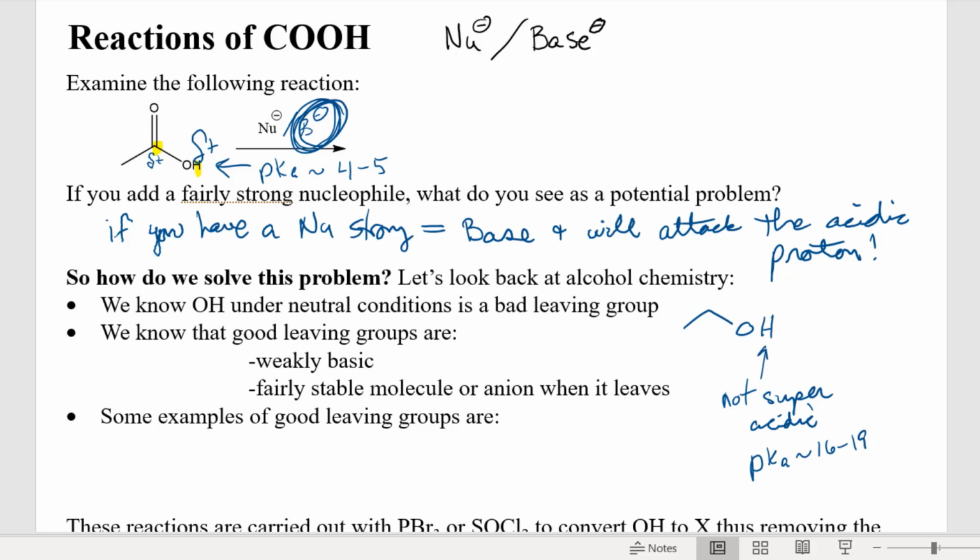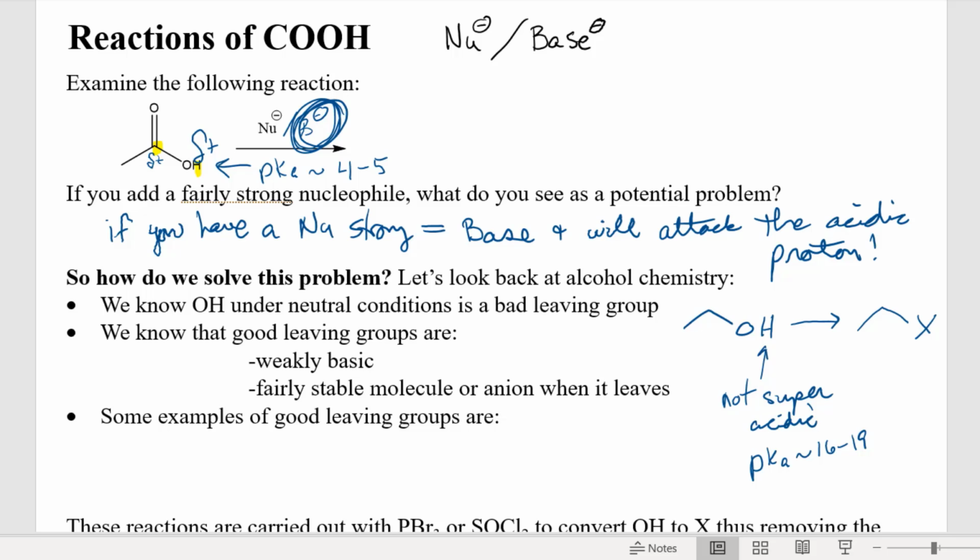We saw that in the homework, where sometimes if an alcohol was present and you were trying to make it act as a nucleophile, it was too busy deprotonating the alcohol. So what was our fix when we had an alcohol present if we wanted to make this a better leaving group without worrying about deprotonation? One of the fixes was to convert the alcohol into a better leaving group that didn't have a proton on it, namely a halogen.